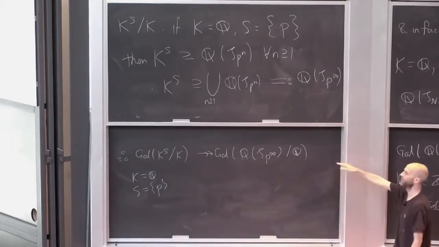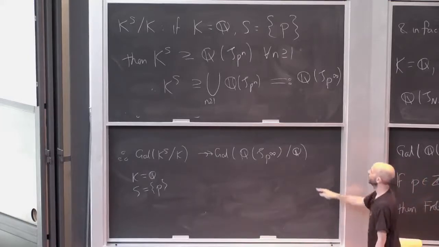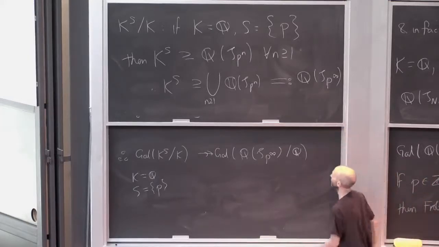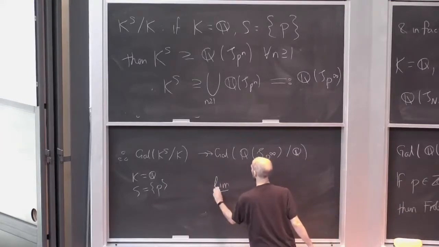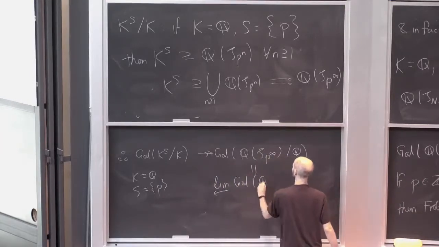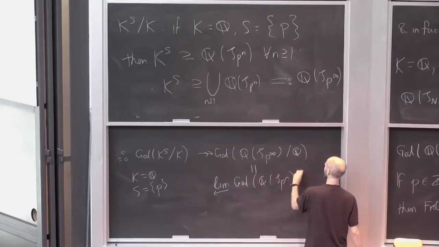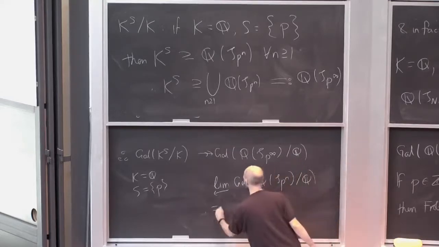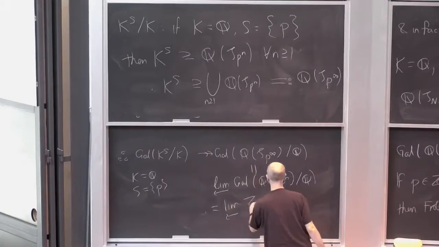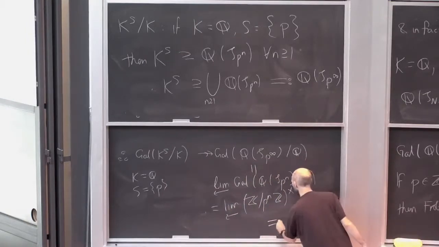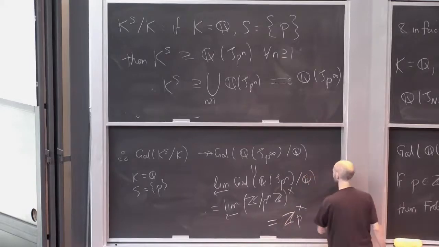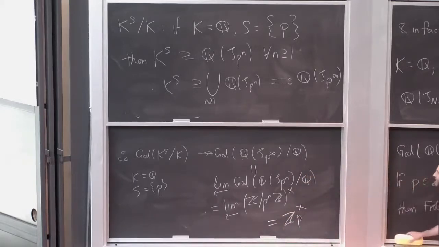So you can see this is infinite, but it's actually also comprehensible. Gal(Q(zeta_P^infinity) over Q) will be, by definition, the projective limit of Gal(Q(zeta_P^n) over Q), and that will be the projective limit of (Z mod P^n Z)star, and that will be Zp star, the p-adic integers.